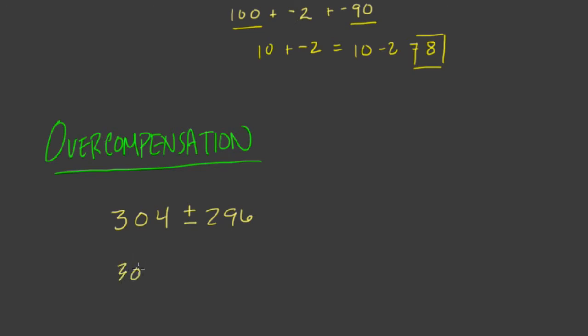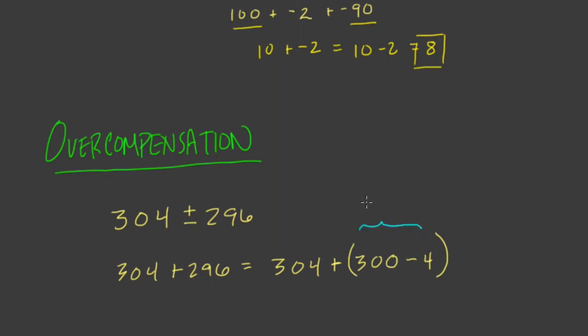But 304 plus 296 is easy to think about if we use overcompensation. 304 plus what? Well, 296 is really close to 300. So we could add 300. Even though we're only adding 296, if we add 300 and then take 4 away, we'll have the same answer. And you can think about it in many ways.